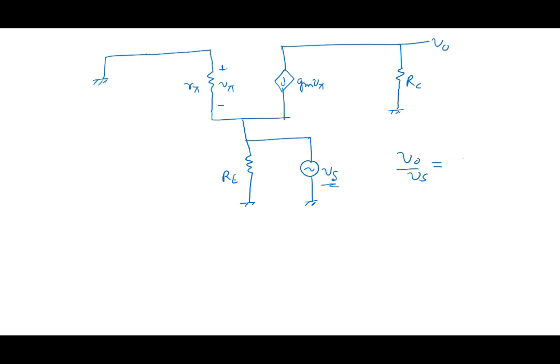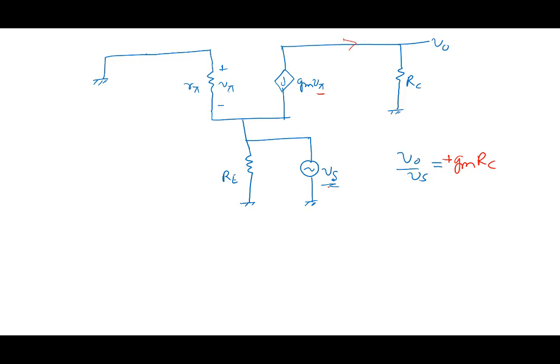We get here GMRC. But note that there is no minus here. There is a plus, because V pi is equal to minus Vs. So the direction of the current reverses and it flows like this here through RC.